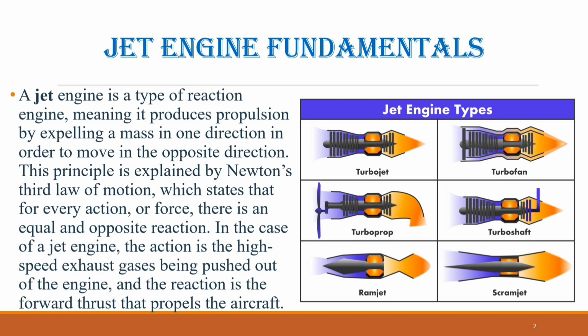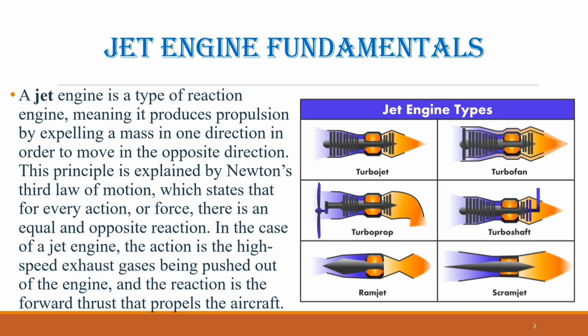A turbojet engine is most efficient when the speed of the aircraft closely matches the speed of the exhaust gases leaving the engine. Under these conditions, the engine converts fuel energy into thrust with minimal losses. In many practical situations, aircraft operate at speeds that are much lower than the exhaust velocity of a pure turbojet engine.